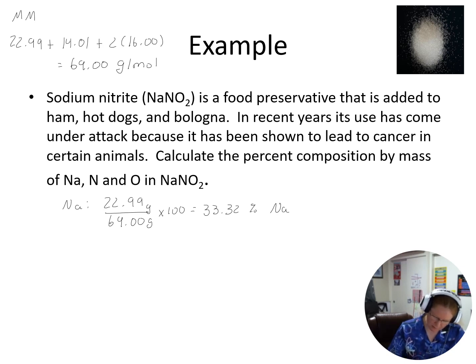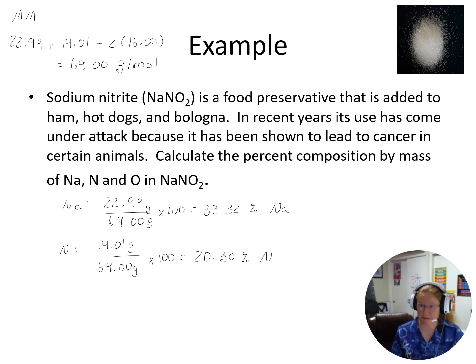Okay, our nitrogen, we only have one of them, so 1 mole of nitrogen is 14.01 grams. Our whole is our 69 grams times 100, and we get 20.30% nitrogen.